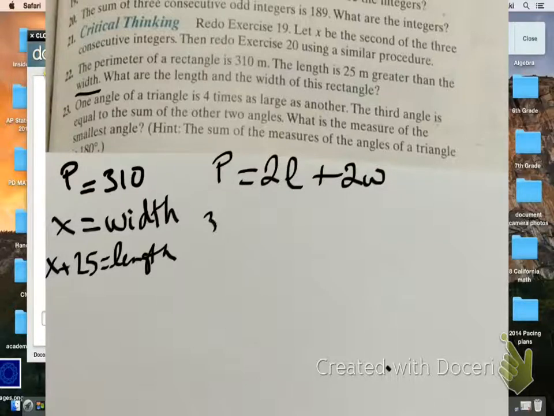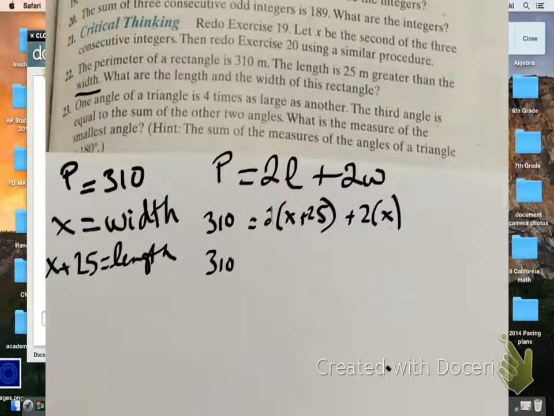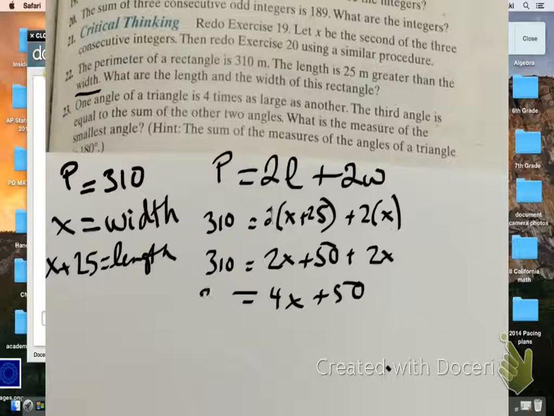We know that a perimeter, 310, is equal to 2 lengths, the length is x plus 25, 2 times the quantity of x plus 25 plus 2 times the quantity of x. Simplify. 2x plus 50 plus 2x, 4x plus 50 equals 310.